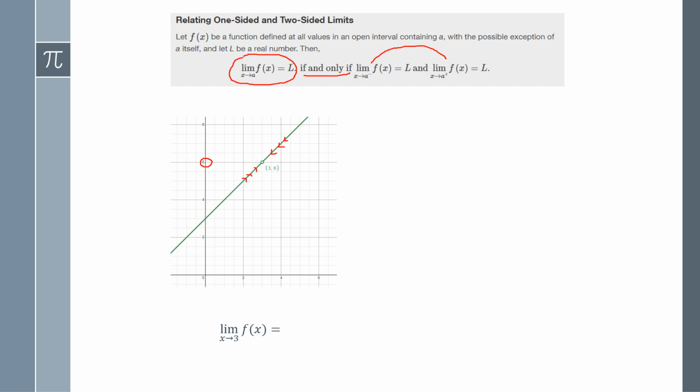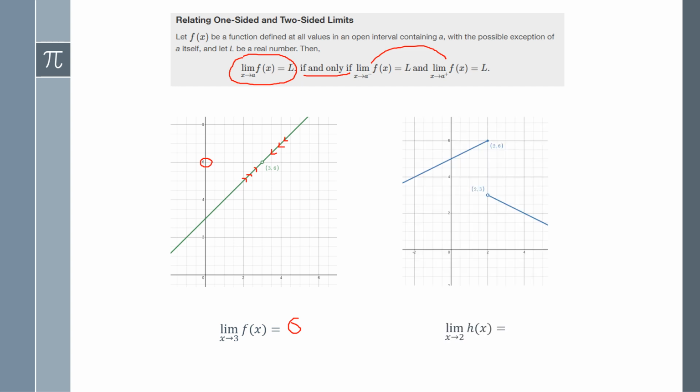So we already mentioned that the two one-sided limits both were equal to 6, which means we can say the limit as x goes to 3 of f of x is equal to 6. Notice I do not need to indicate the direction. That's part of the definition, which implies that both left and right limits are also equal to 6. Now let's take a look at this other example.